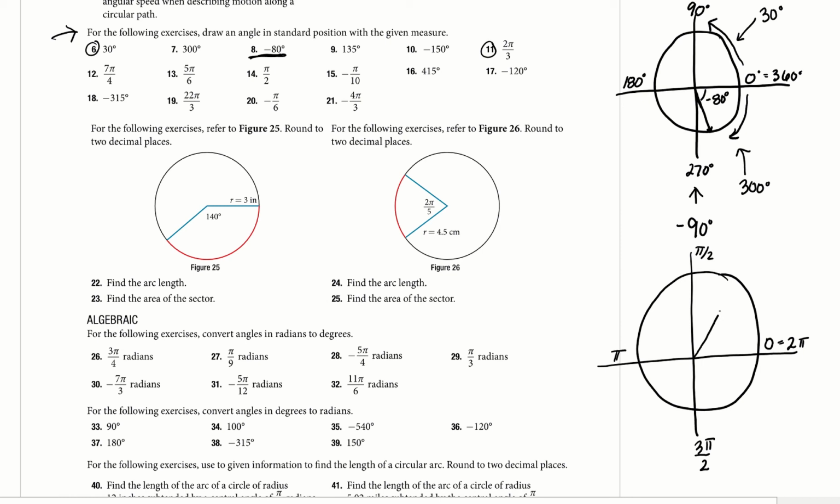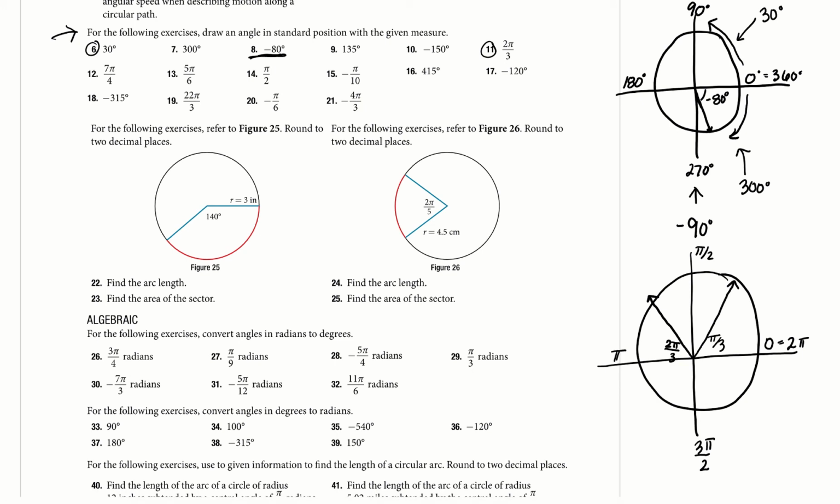So here's a pi over 3. So you're dividing 180 degrees into 3 parts. So that's 60 degrees each. And that gives this as 2 pi over 3. Okay.